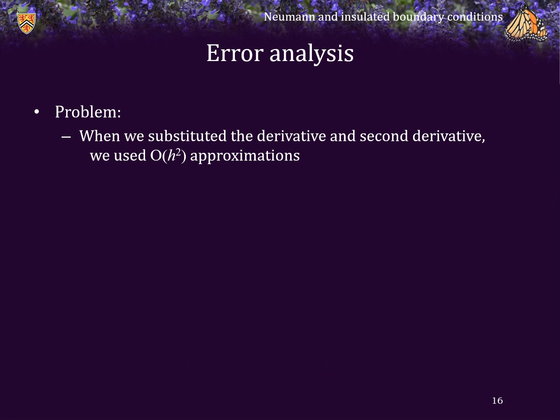So what happened? Why is our solution here so poor compared to essentially the same problem we solved in the last set of slides with Dirichlet conditions? Well, you're going to remember that when we converted the ordinary differential equation into a finite difference equation, we substituted approximations of the derivative and the second derivative that were order h squared.